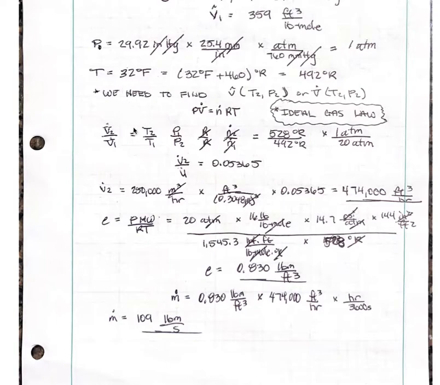So basically, when you do all that and you do some algebra, you know how you do. You get V2 dot, which is the flow rate, divided by V1 dot, which is the flow rate, equals T2 over T1 times P1 over P2, times R over R, which is 1. You can cross those out.